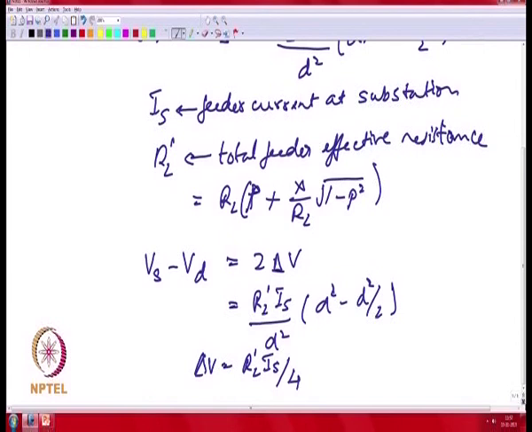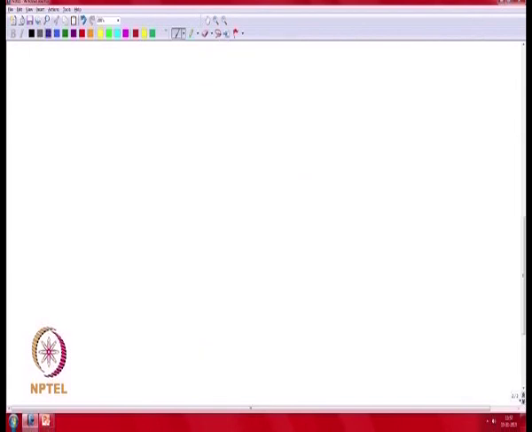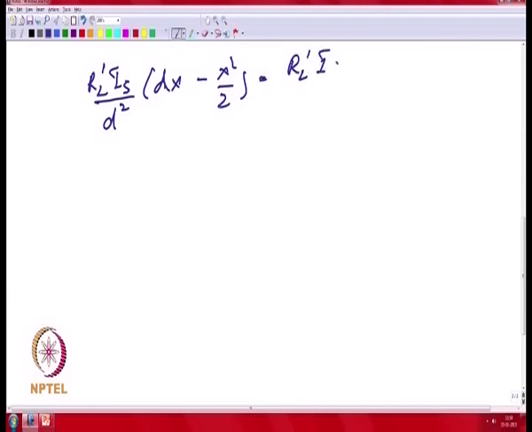So, the distance at which you get this particular value for delta V is what we need to solve. So, we want to ensure that the voltage drop, R L prime I s by d into x minus x square by 2, is equal to this particular value, which is R L prime I s by 4. So, this is a quadratic equation in x which can be solved to get the value of x.